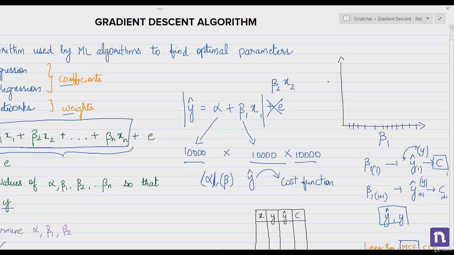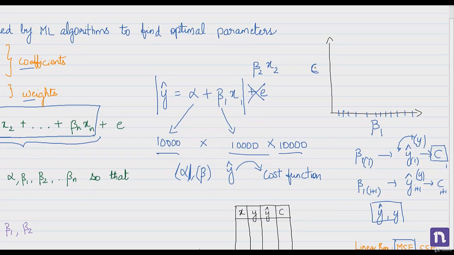So that cost function I'm having on the y-axis. For one particular value of beta 1, say this is the cost function. After this, we update beta 1 in such a way that the cost function keeps reducing, and after reaching a minimum, if you keep on increasing the beta, the cost function keeps increasing again.